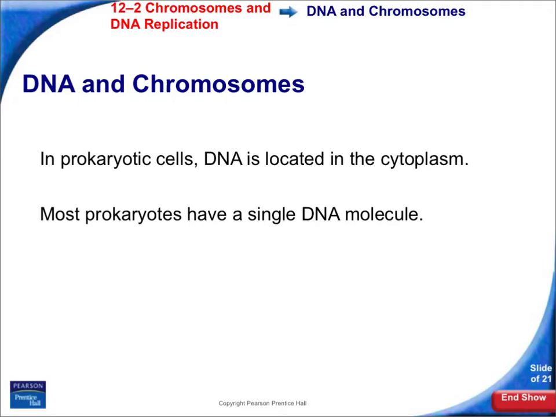So first we'll talk about prokaryotes. Prokaryotes, remember, do not have a nucleus, so their DNA is located in the cytoplasm of the cell. Most prokaryotes only have a single DNA molecule, and it's usually circular.